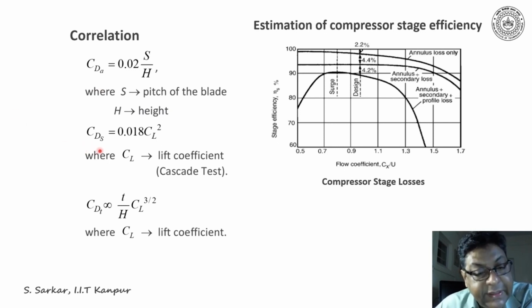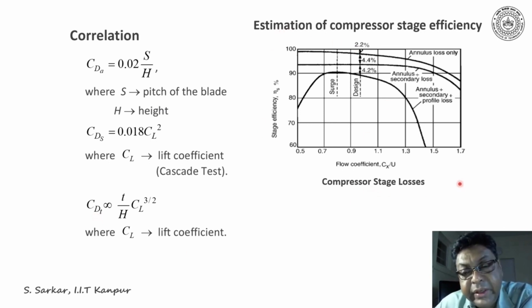Similarly, CDS is equal to 0.018 CL squared, where CL is the lift coefficient established from cascade data, and CDT, that is tip loss, is proportional to T by H times CL to the power 3 by 2. T is the tip clearance, H is the height of the blade, CL is the lift coefficient.